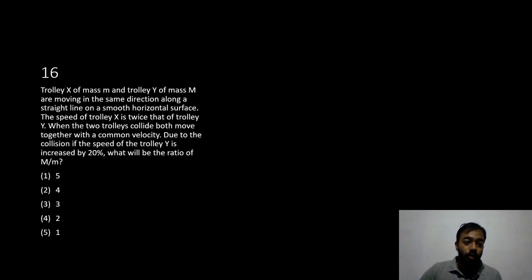Question number 16. Trolley X of mass m and trolley Y of mass capital M are moving in the same direction along a straight line on a smooth horizontal surface.